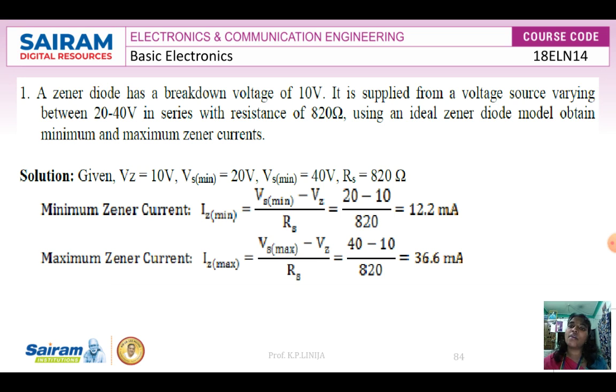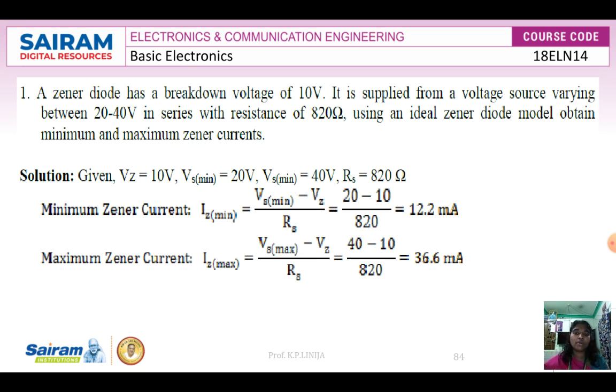We know the formula that minimum Zener current IZ minimum is equal to Vs minimum minus Vz by Rs. Substituting the values, we get 12.2 milliamps. Then maximum Zener current IZ is equal to Vs max minus Vz divided by Rs, that is 40 minus 10 divided by 820, which gives 36.6 milliamps.